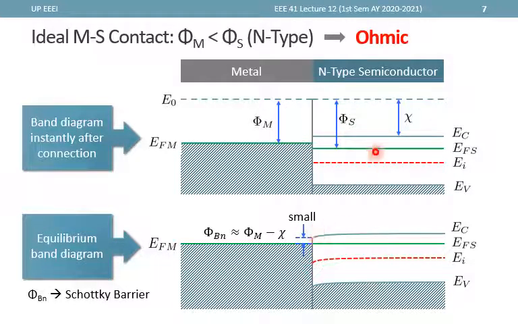Since we are considering that this one is N-type, the Fermi level can only be in this range, and for Vs to be greater than Vm, EFM must be in between these two, and the possible values that meet that criterion could only lead to very small barrier heights. So still, the barrier it sees at this point is Vm minus chi under this ideal case.